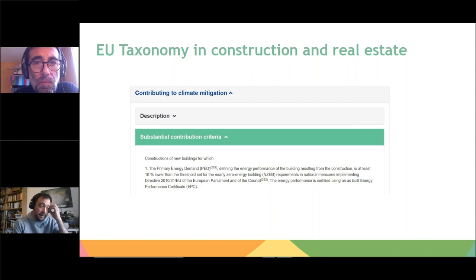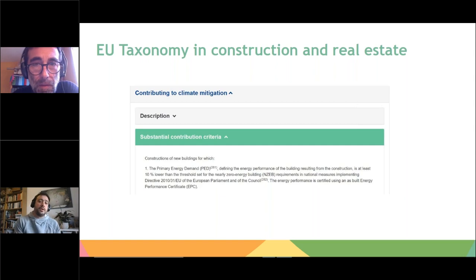So, all in all, just to make it short and understandable for everybody, if you are doing a building or renovation activity that is compliant with this EU taxonomy, the political view is that you should be able to access cheaper funding or more funding options or alternatives for your project.